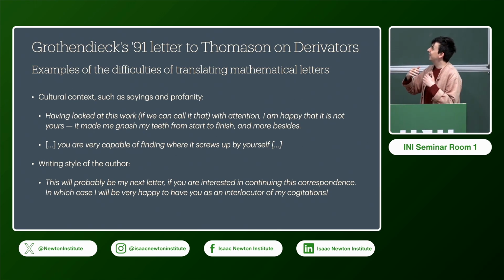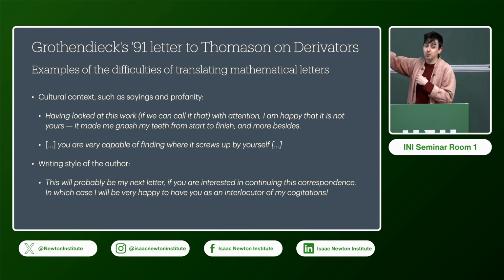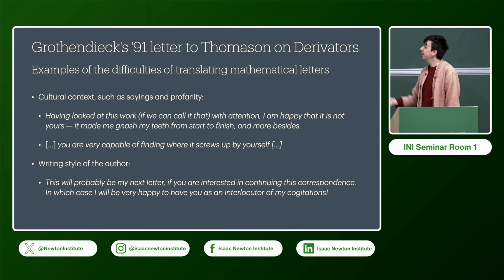And something that happens when you're translating a letter is, as far as I know, this is the only English translation of this letter, and it's quite a widely known letter. If I put out an English translation where I translate this word by something incredibly explicit, I'm now imposing some sort of history on top of Grothendieck's style of writing and Grothendieck's personality, which is going to influence people's thoughts, and that's a large responsibility, right?